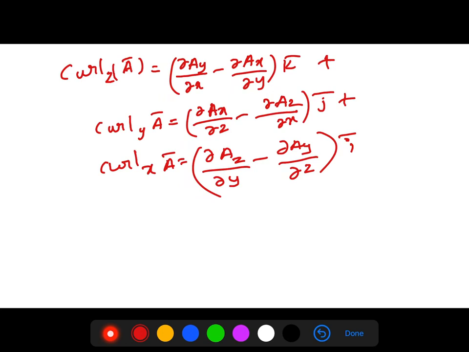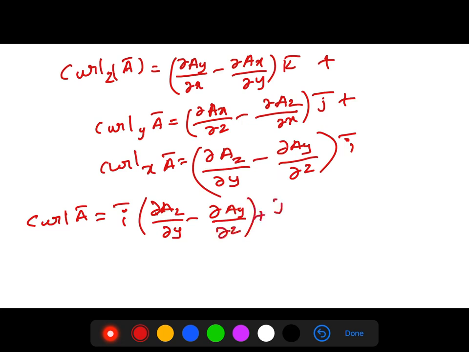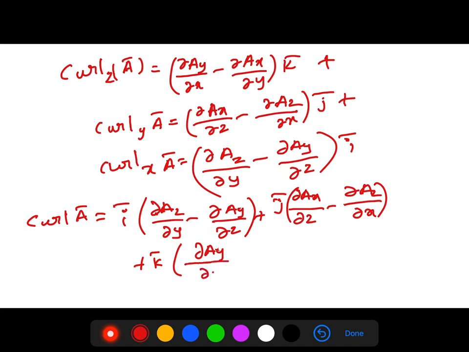Now let's add, curl A bar is equal to, this one will come as I bar into dou Az by dou y minus... So this is the final expression for the curl.